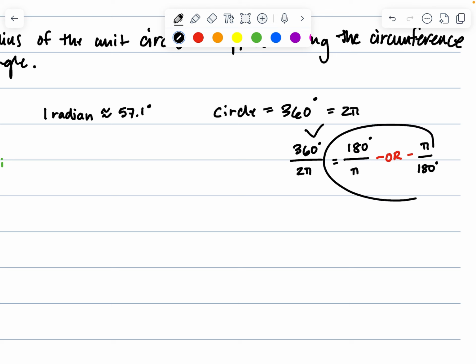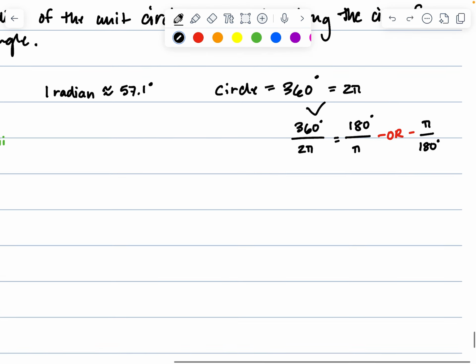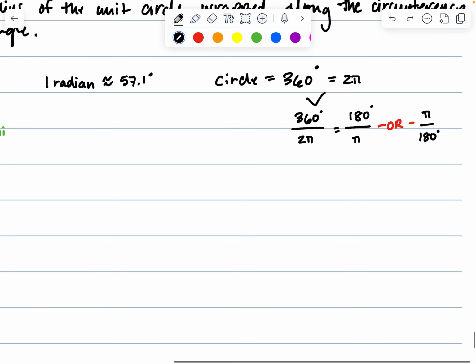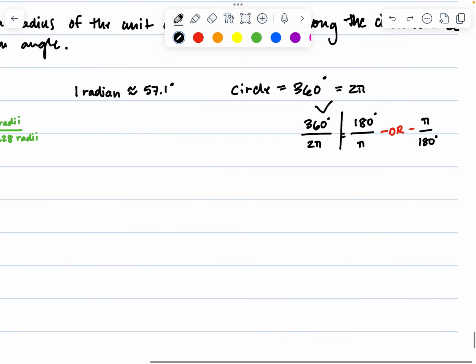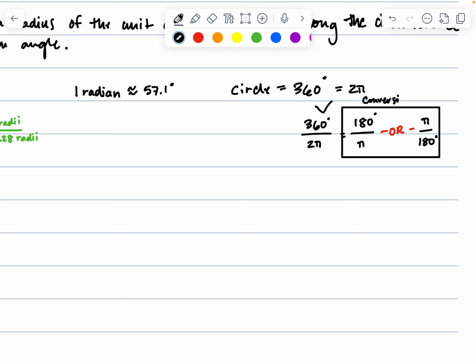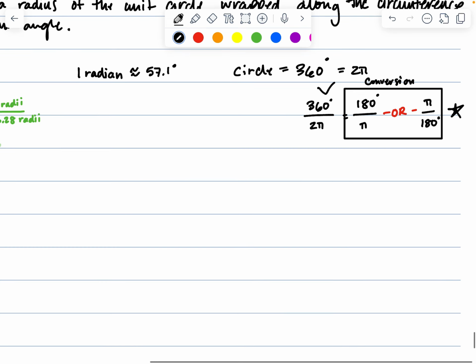Okay, one or the other. And depending on what you're converting to, dictates what you should actually use. So definitely have this starred or boxed somewhere. This is the conversion. Okay? This is your conversion. And then if you want to put a star next to that, go for it.